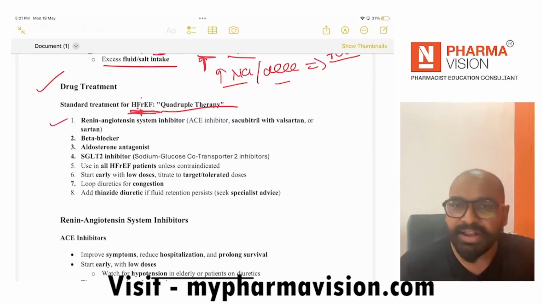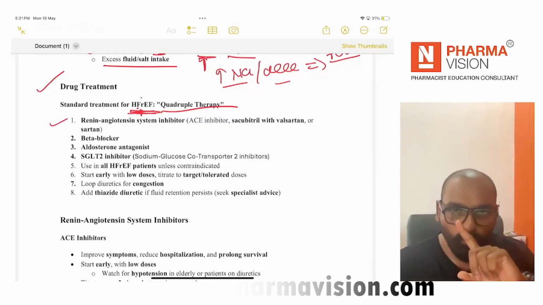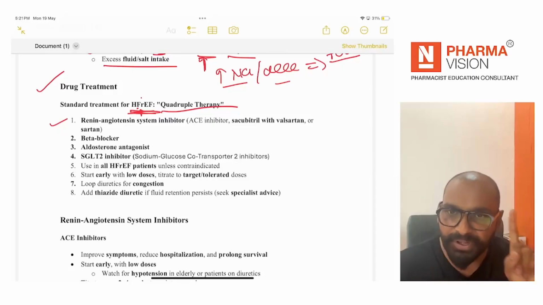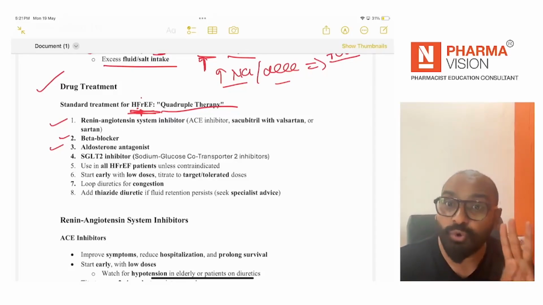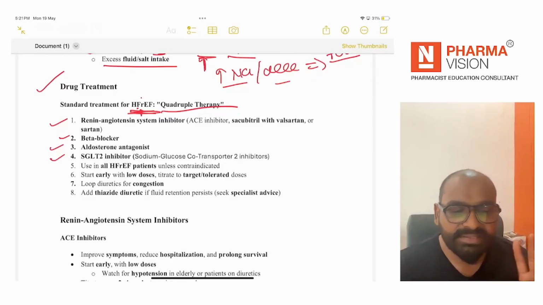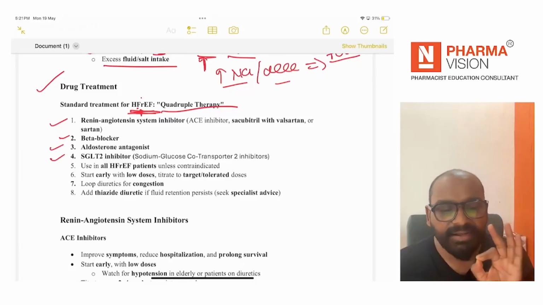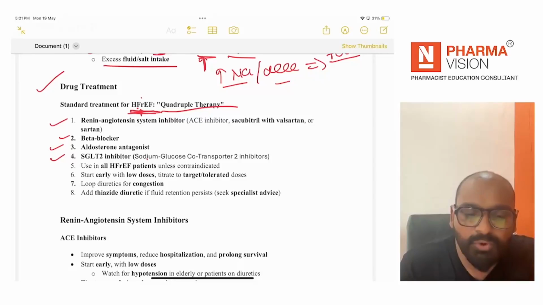One is renin-angiotensin system inhibitors. One drug needs to be from that particular group. Second is beta blockers. Third is aldosterone antagonists, and fourth is SGLT2 inhibitors, sodium glucose cotransporter 2 inhibitors. These are the 4 medications. That's why it's called the quadruple therapy.